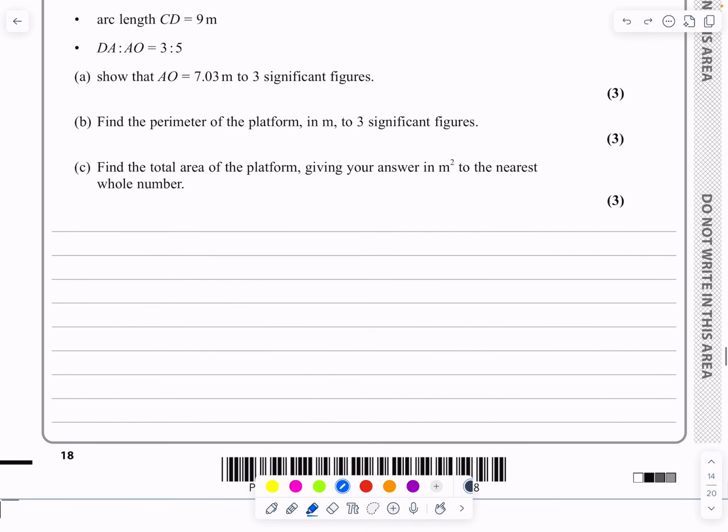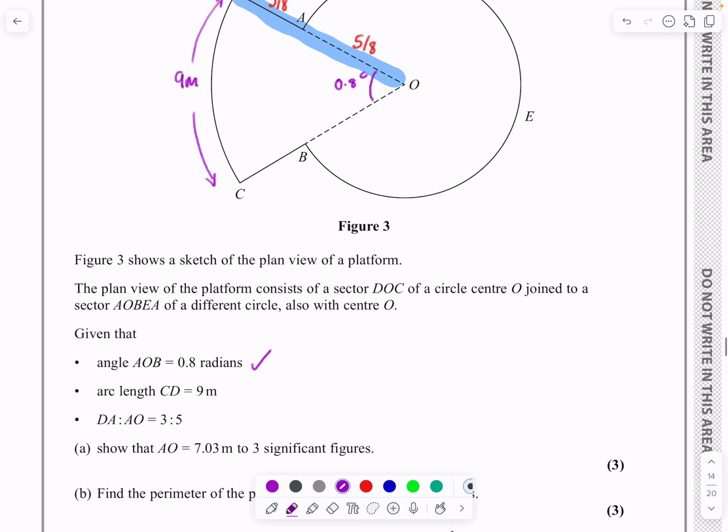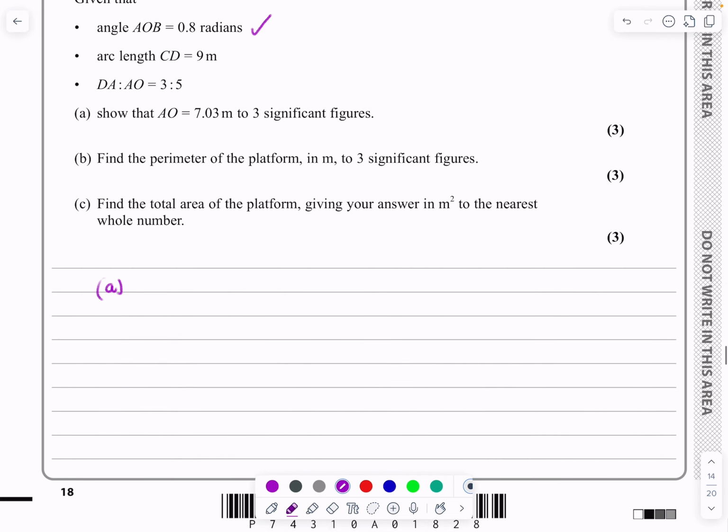So let's make this clear to the examiner what we're doing. I might actually just quickly draw that sector out. Yes, ODC, just really quickly for that one there. I'm talking about this sector here then. We know that this is 9 and we know this is 0.8 here, if that's the sector ODC.